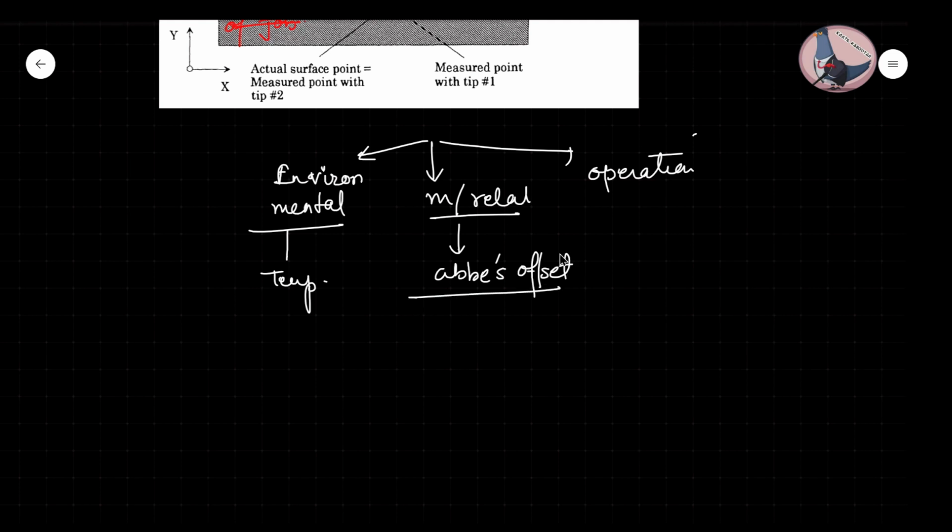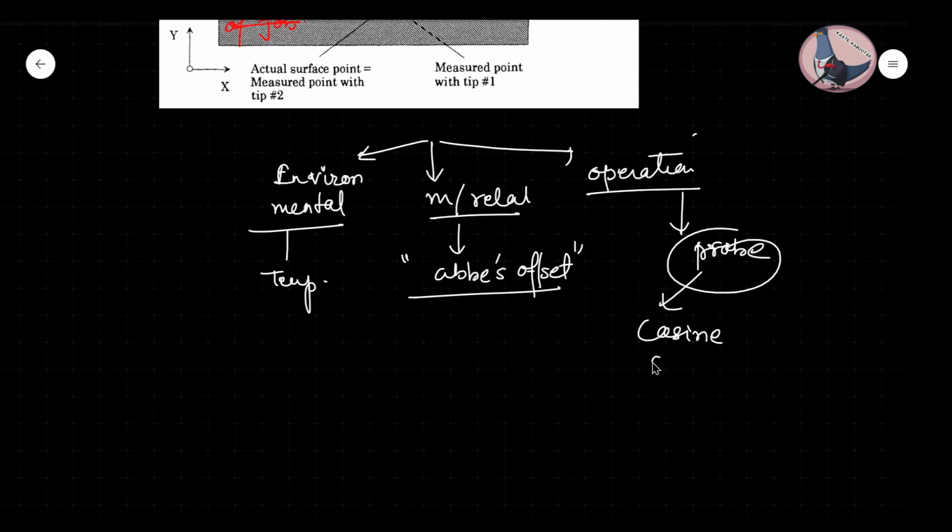This is a named one, so I'm just telling you it is important. And then the operation, you saw how fluctuation of electricity or a poor size of probe, all those troubles were coming. By the way, with the probe there are two things I have discussed till now. One was your cosine error, which was discussed in the last class, and now comes the error due to the size of the probe.